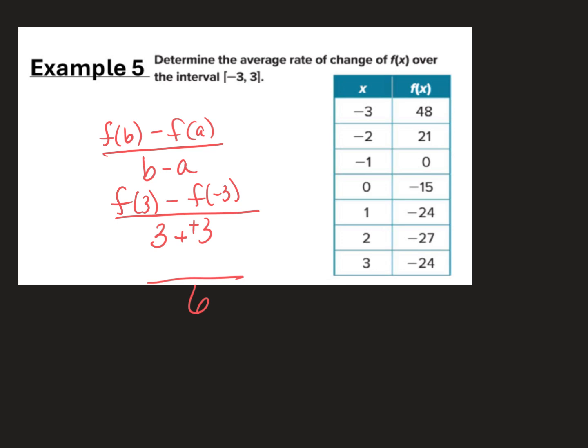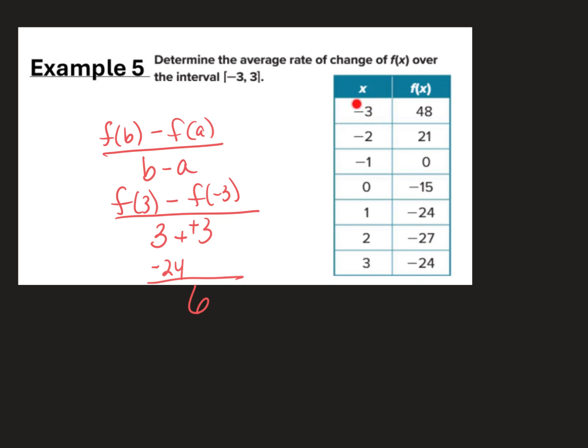Now, to use your table, let me explain again. Find y when x equals 3. So when x equals 3, y equals negative 24. Okay, explain this one. Find y when x equals negative 3. Find y, so find this value, when x equals negative 3.